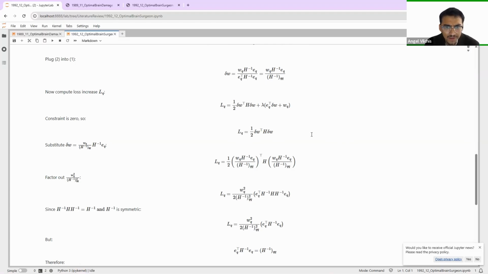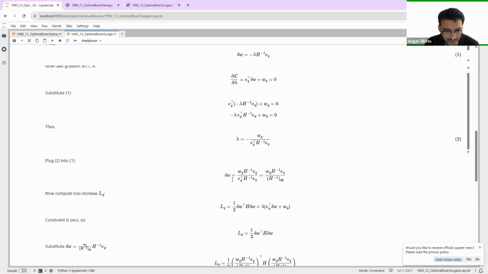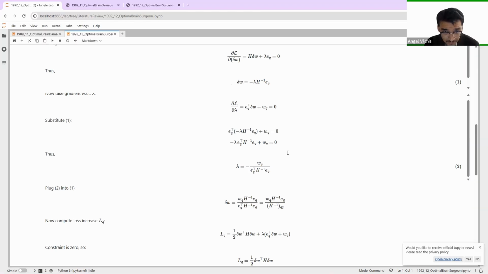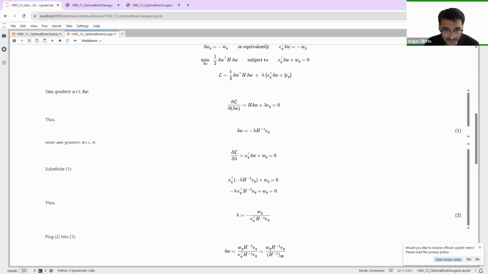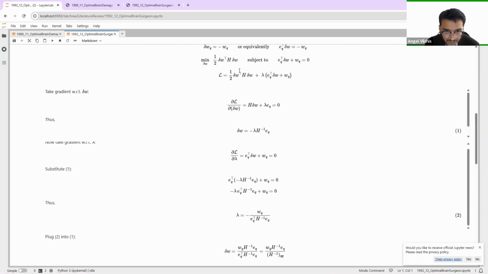Okay, so now this change in W is the optimal change in W. And because this constraint was added in, we already assume one of the weights was completely deleted. So this is our optimal change in W for this equation.